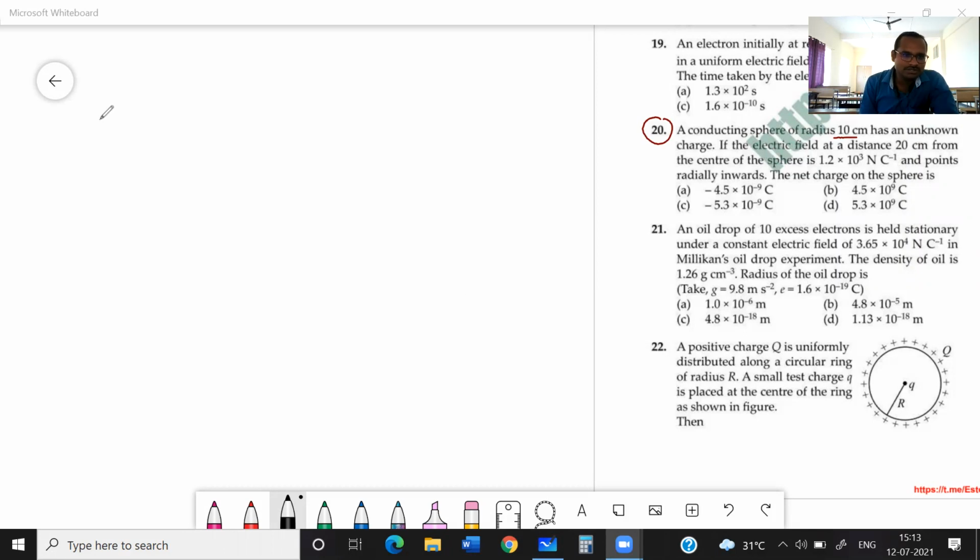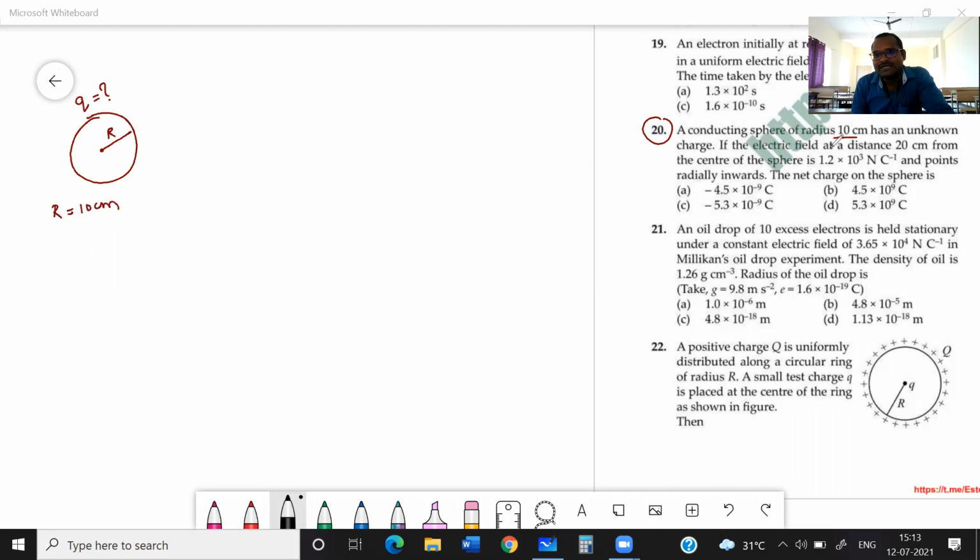So according to the question, there is one sphere which is having an unknown charge which we need to find. And this sphere is having a radius which is equal to 10 centimeter.